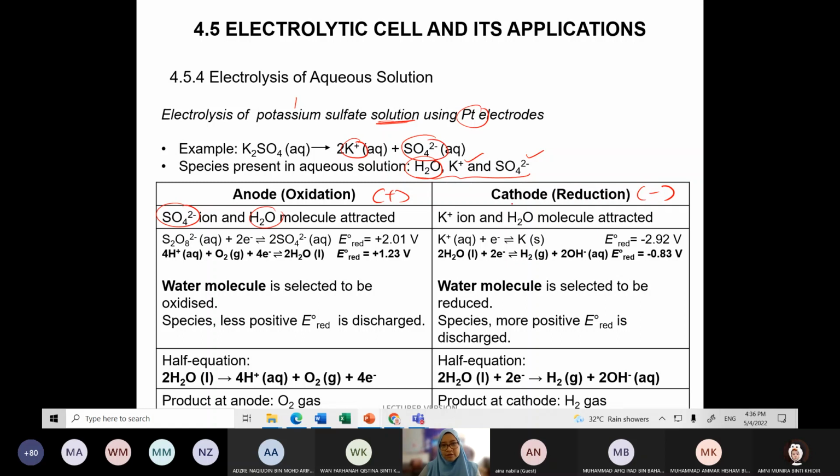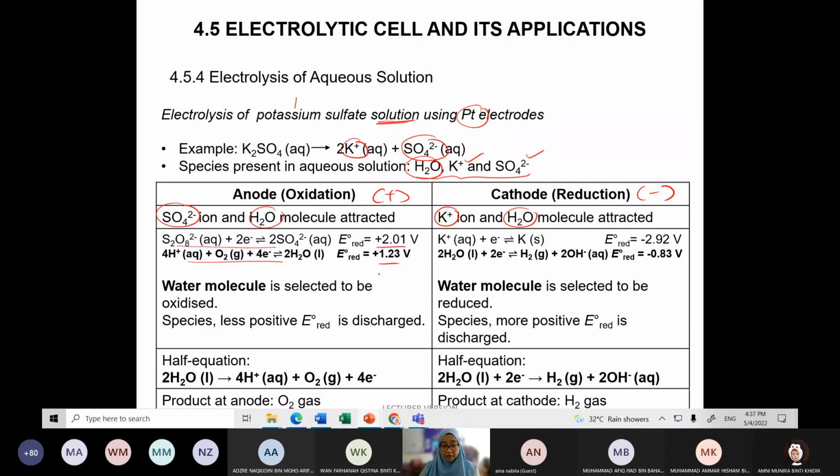Whereas for the cathode, K+ and H2O will be attracted to the negative electrode. And then kita kena pilih based on SRP punya table. We need to have the values of the E0 reduction for each of these species. This is for comparison. Okay, ini dapat daripada SRP. So value dia ini.